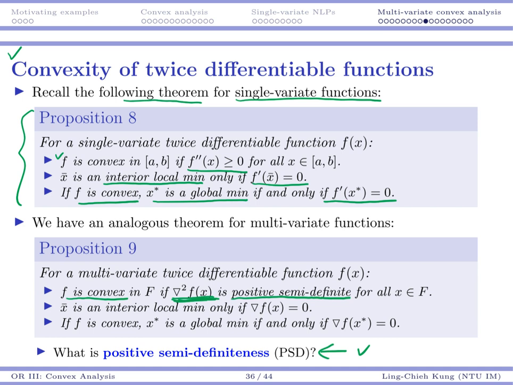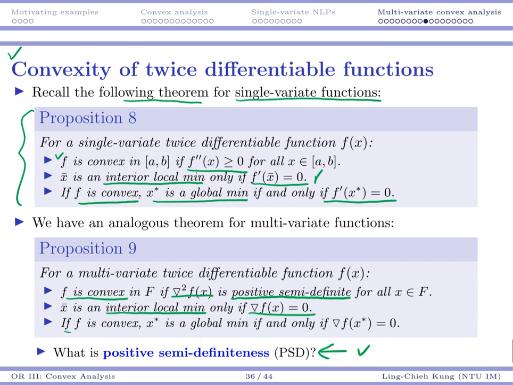And then if we have that condition, our x bar would be an interior local minimum only if the first order condition is satisfied, only if our gradient is 0, which is again another extension from 1 dimension to n dimensions.